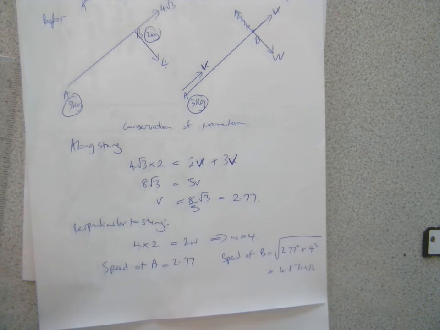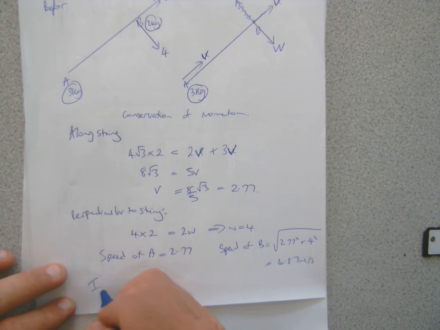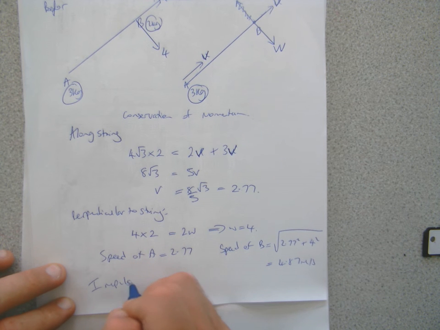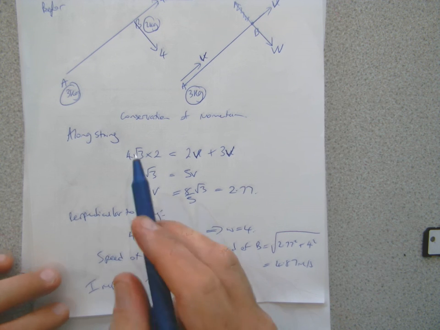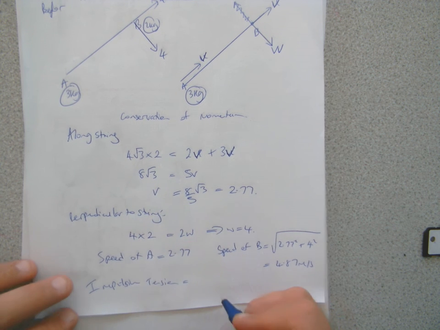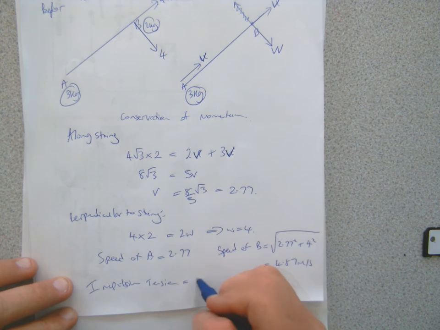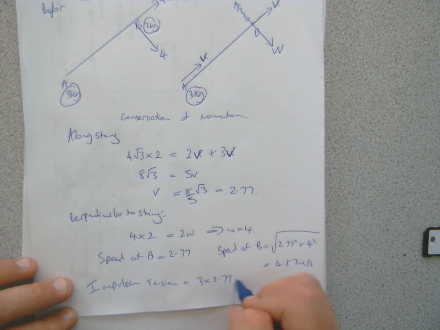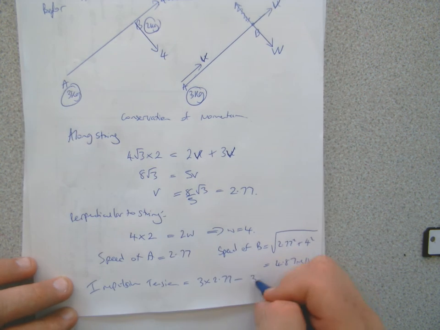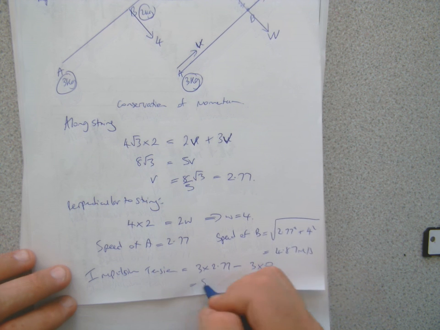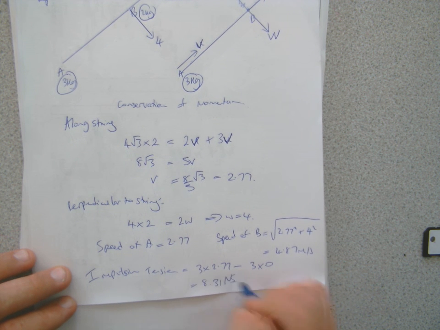It then asks for the impulsive tension in the string. Now remember, impulsive tension is just the change of momentum that occurs to one of the objects. So how it affects the object is what's going on in the string. So we'll do this one: it'll be 3 times 2.77, take away the momentum before, which is 3 times 0, so you get 8.31 Newton seconds.